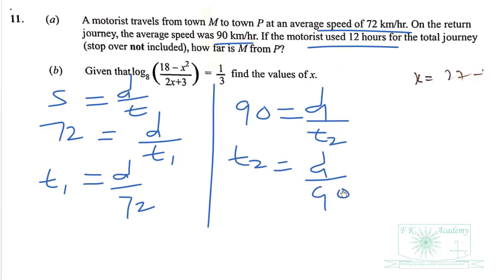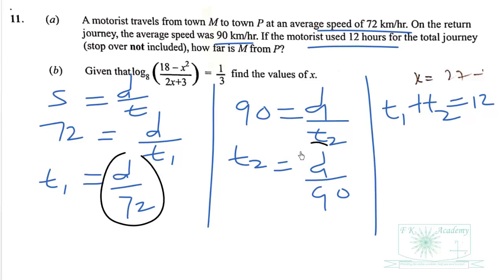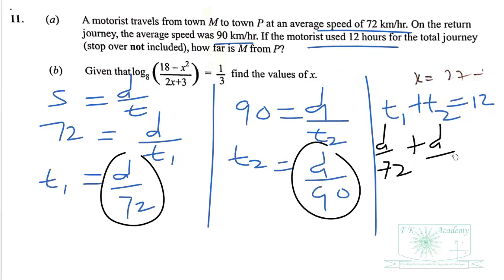And we're told that when we add the two times, t1 plus t2, we should get 12. So this means that we are going to have an equation like this. Remember that t1 is d over 72, t2 is d over 90. So d over 72 plus d over 90 is equal to 12. You can find the LCM, which is 360.